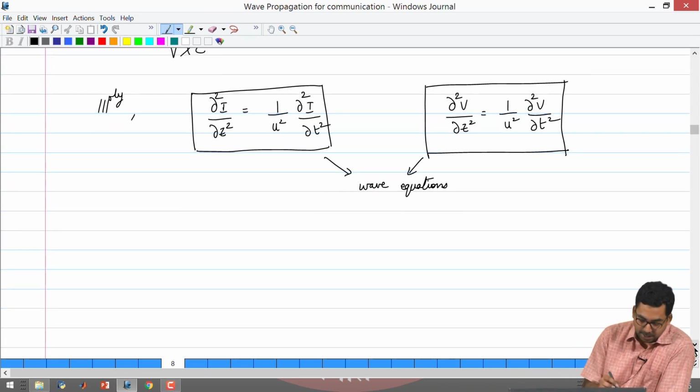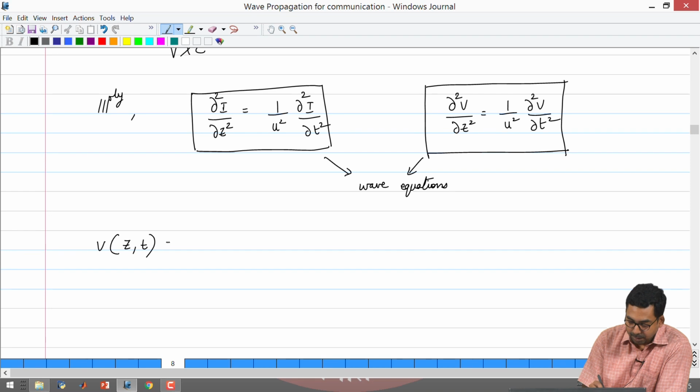Okay. And if you take the voltage equation over here, the voltage wave equation, we can write down the general solution to be a function of position and time.